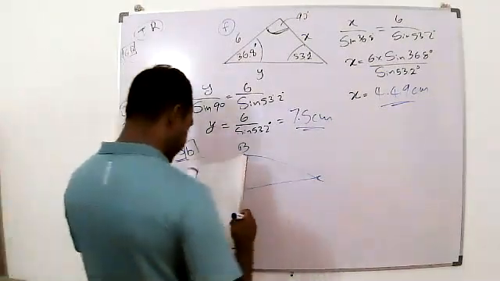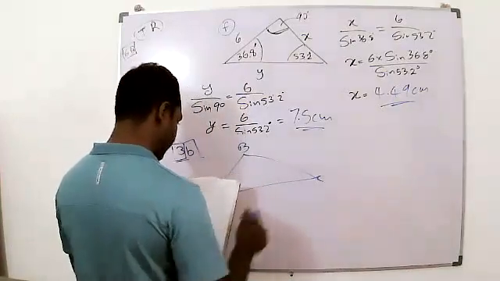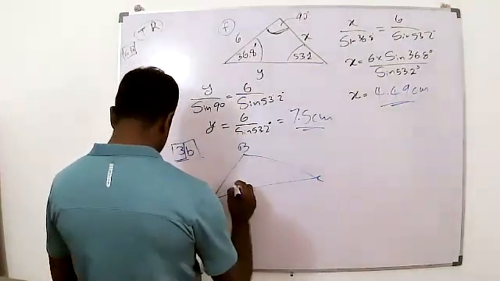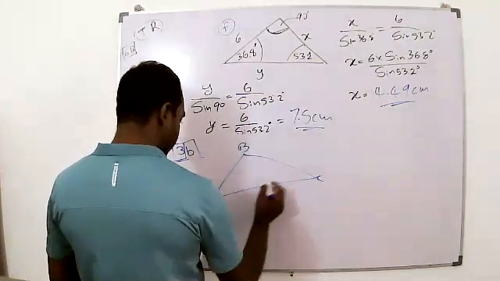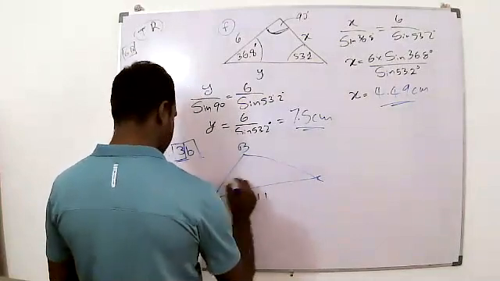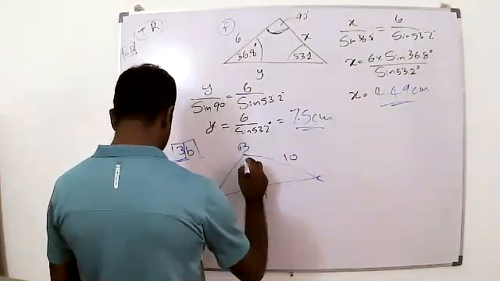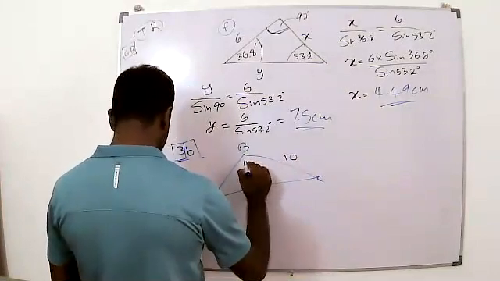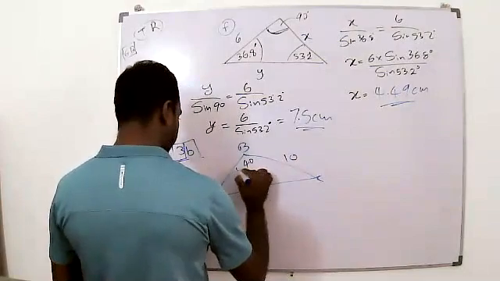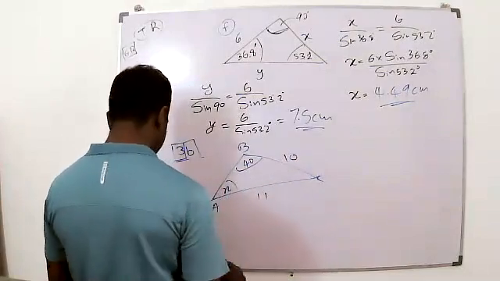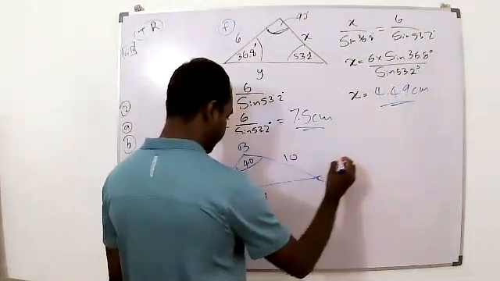Let's try to finish this. We have 2 minutes left. In triangle ABC, AC is 11, BC is 10, and angle B is 40, and you need to find angle X. Easy.